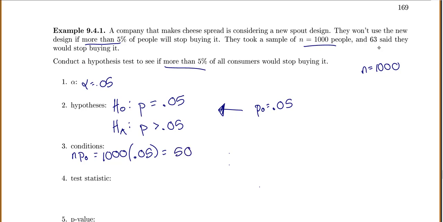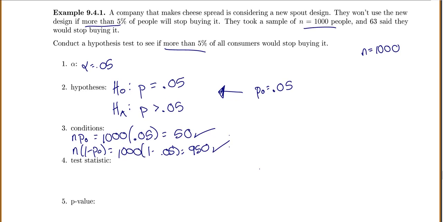Notice this is not actually equal to the number of successes because we're not doing it off our sample, we're doing it off our hypothesized proportion, which is the 0.05. But that's at least 10, so that's big. And n times 1 minus p naught equals 1,000 times 1 minus 0.05, or 950. Well, that's bigger than 10 as well, so our conditions are met.